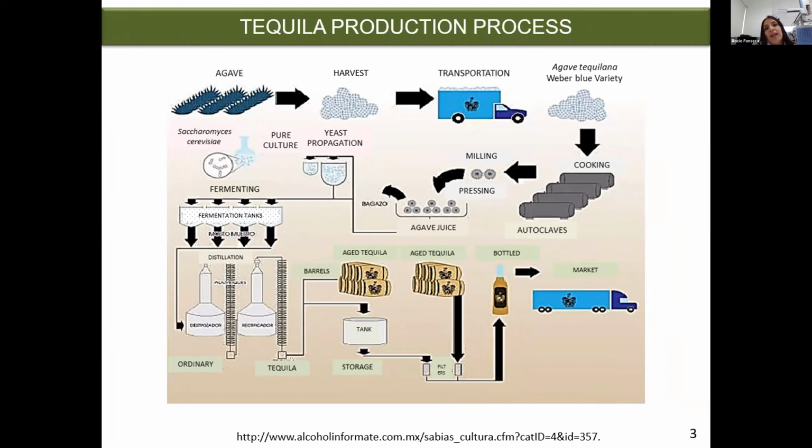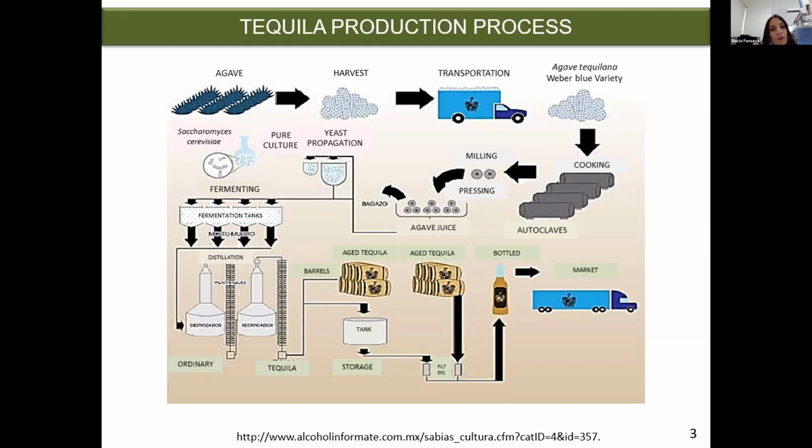The Agave tequilana Weber blue variety arrives at the facilities of the producer and is cooked. After that is milling and pressing, and we obtain agave juice. This agave juice is fermented by Saccharomyces cerevisiae for different times. It depends on the process.